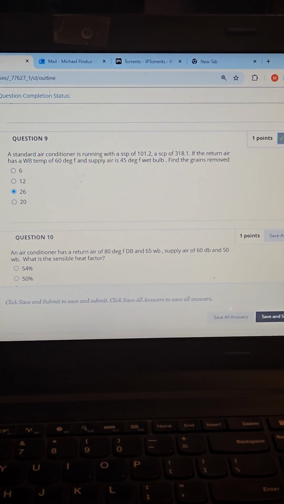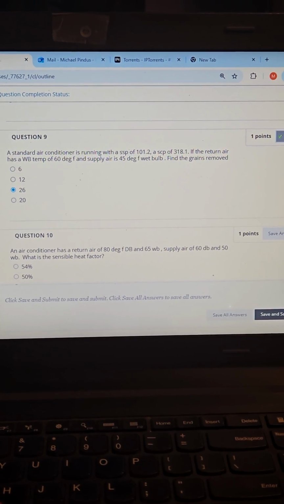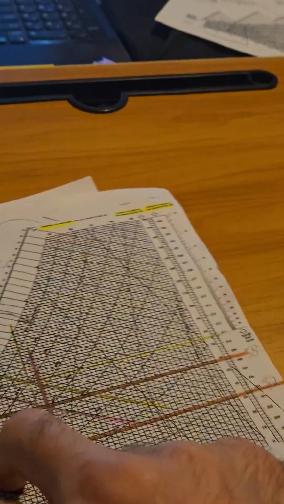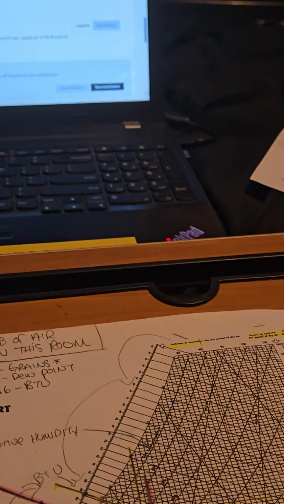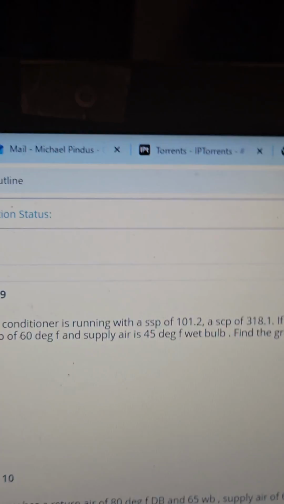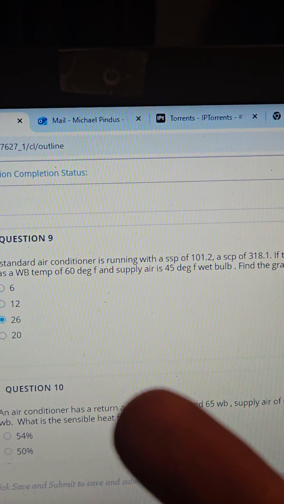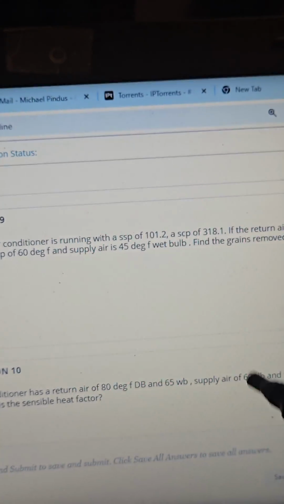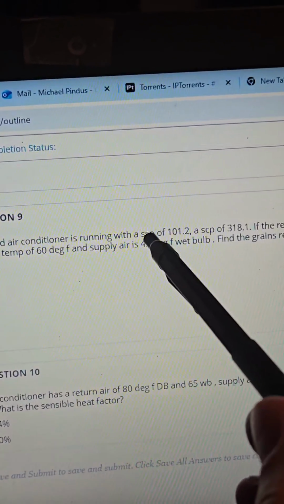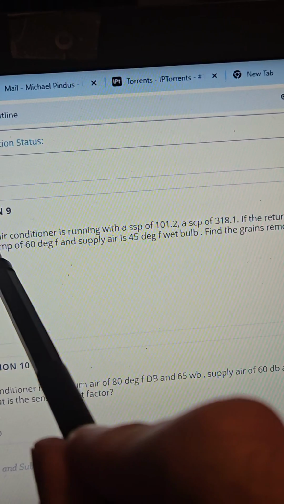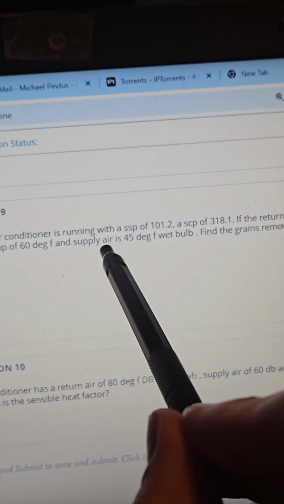With that said, now that we have our SST of 32.1, we need to find our return air and our supply air. And all we have is this pressure and our wet bulbs for the return and for the supply. So we need to find the dry bulb for both return air and supply air.